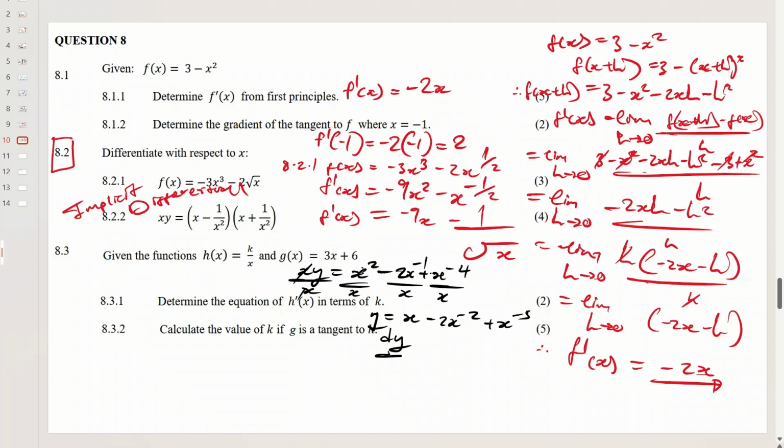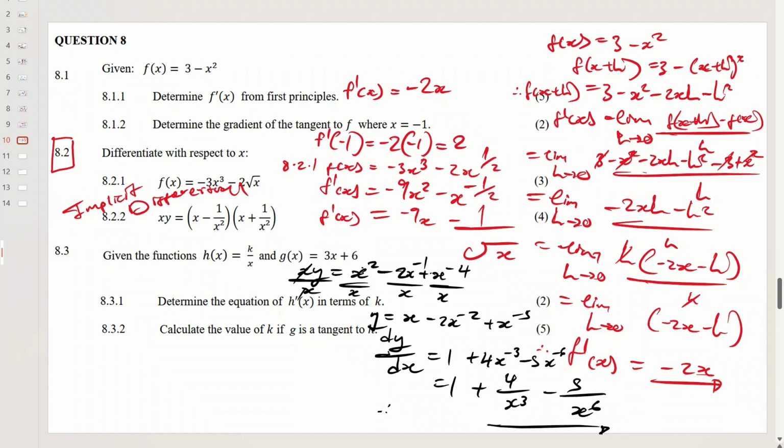The derivative of y with respect to x is 1 plus 4 over x into 3, minus 5 over x into 6. Therefore, this is your derivative of y with respect to x. We are done. Do you want us to confirm?